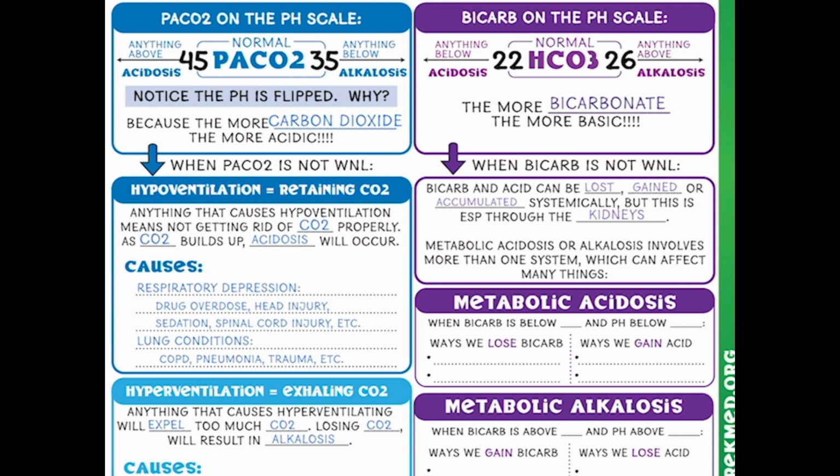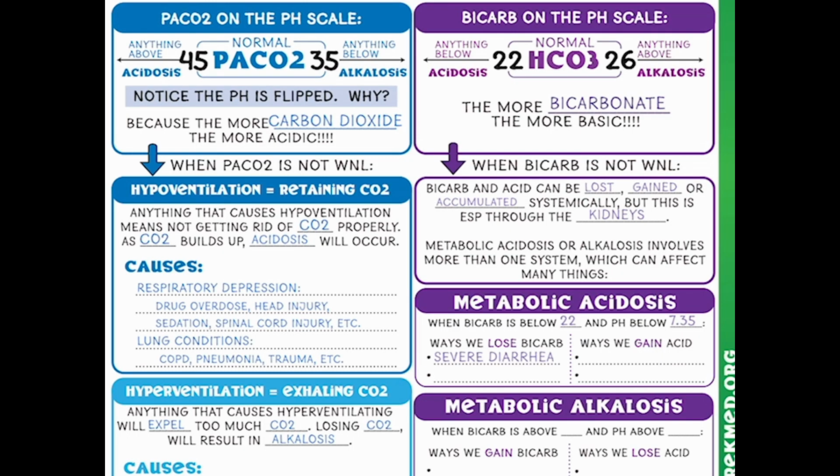So in metabolic acidosis, our bicarb is below 22, and our pH is going to be below that 7.35. We just said it, but our bicarb is below 22, meaning we don't have a lot of bicarb present in our bloodstream.